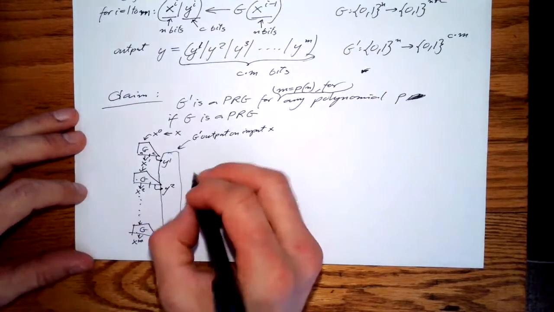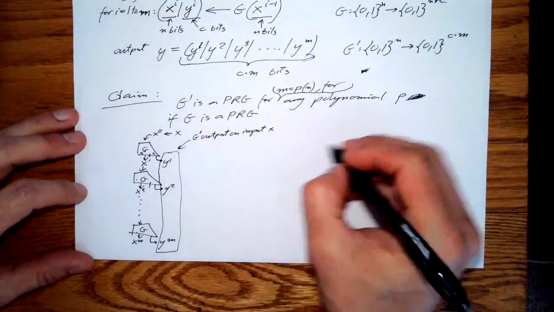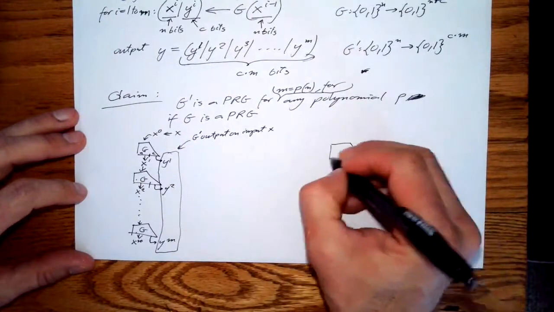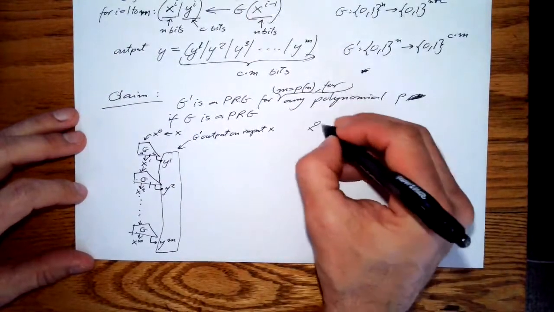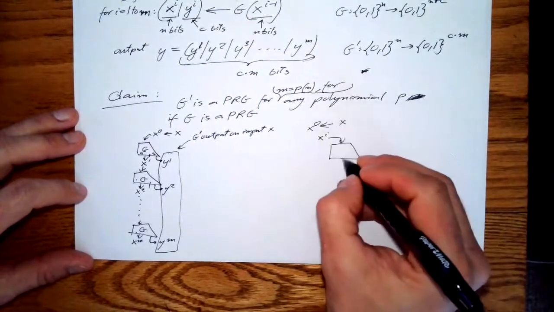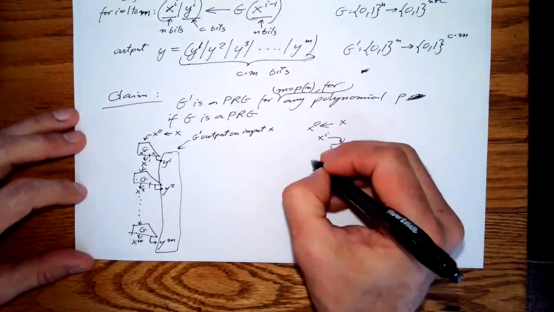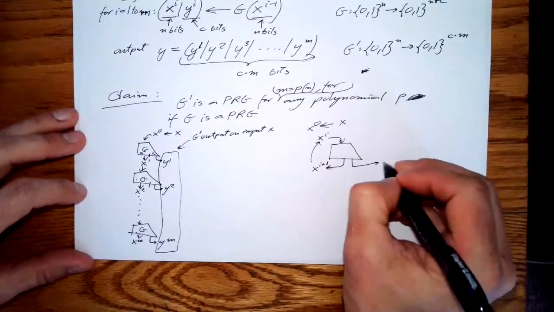Why else is this useful? Basically, I can also look at this like this. So x0 is x, and I feed this xi, and I get the new state and the output.